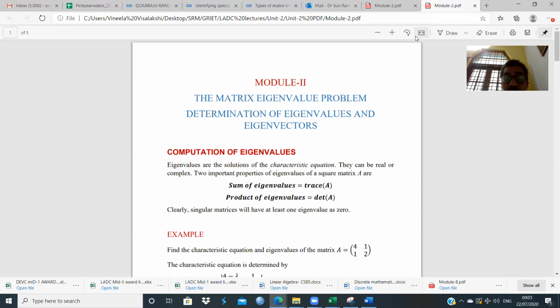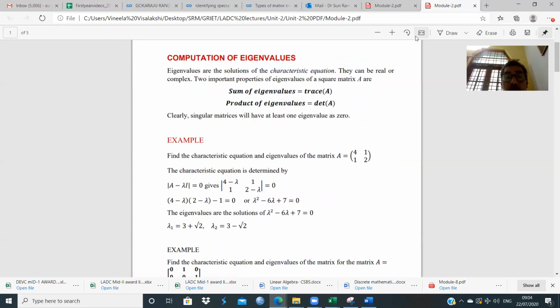Now let us slowly take up a simple case of a 2 by 2 square matrix with real entries and find out the characteristic equation and the eigenvalues. The procedure to find the characteristic equation is determinant of A minus lambda I equal to 0. And as already seen, we get a quadratic in lambda: lambda square minus 6 lambda plus 7 is equal to 0.